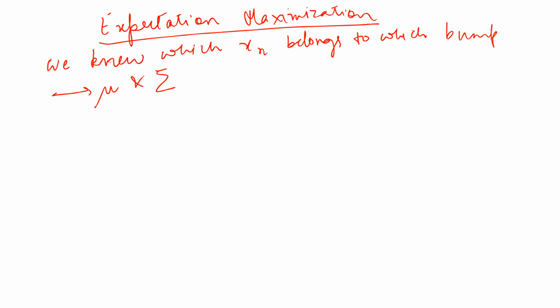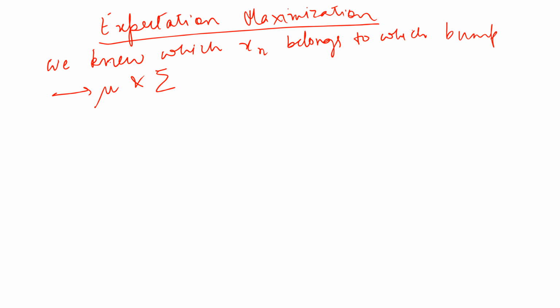And in some sense, the weight will be the fraction of the data points belonging to that bump. So the fundamental high-level idea is that we'll begin by assuming that we know it, and then calculate the parameters and improve. So similar to what we did earlier.